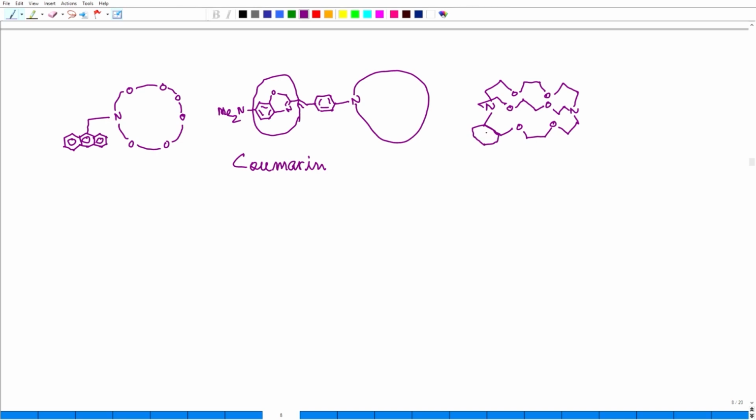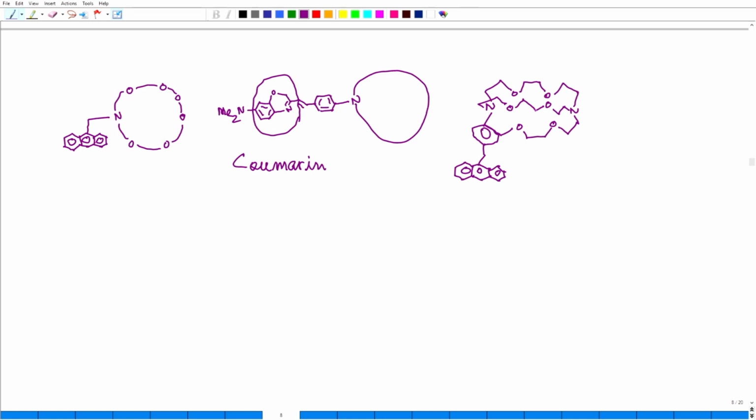This is a benzene here, and that is again connected to anthracene. So, this is also a potassium sensor.